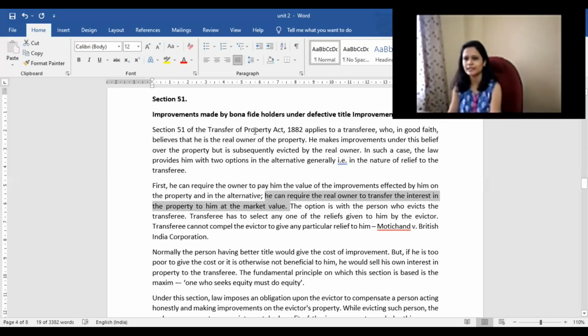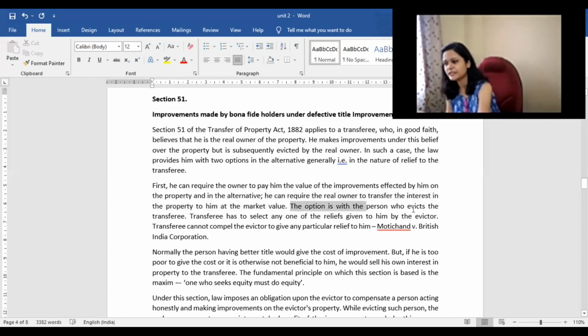This is not like any random person doing some construction and thinking that, yes, I would get the property. It would not apply in such cases, only in exceptional cases where there were valid enough reasons for the person to believe that he is the real owner. The option is with the person who evicts the transferee.